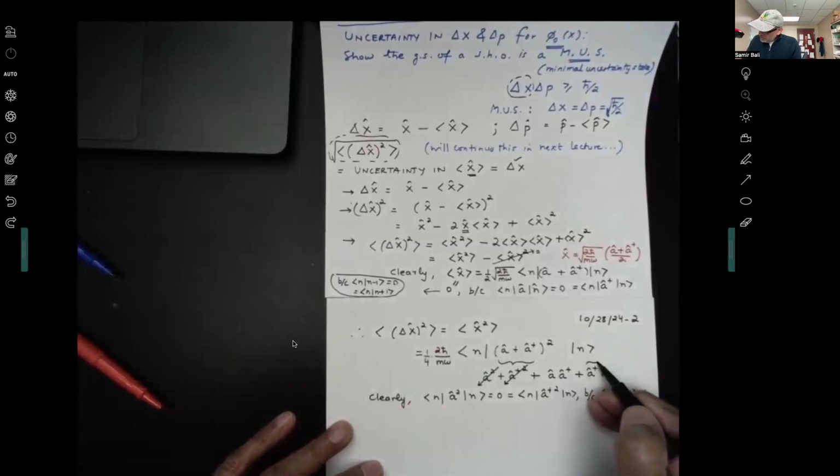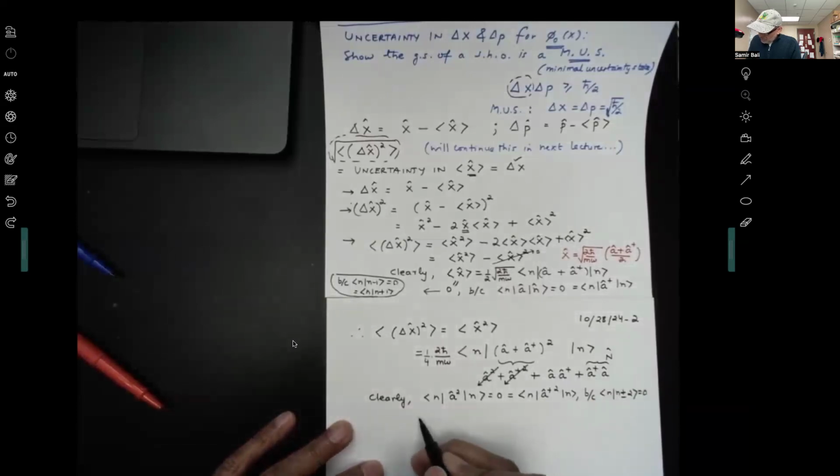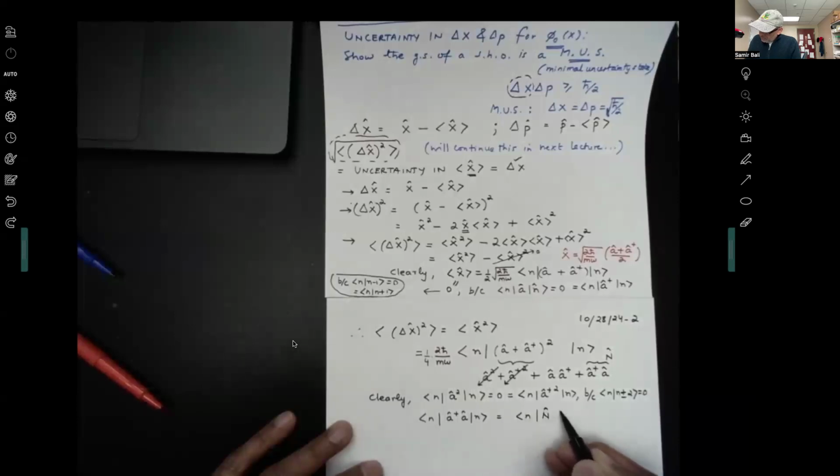Now this, of course, is just the number operator. And so I know that the expectation value of A dagger A, n is just the number operator n, and that number operator acts on the number state n to give you n, and then you're left with that, which is 1, so that's n.